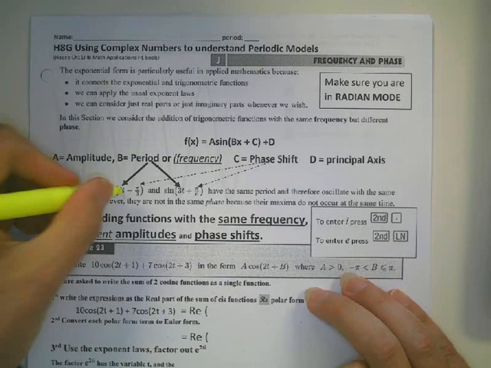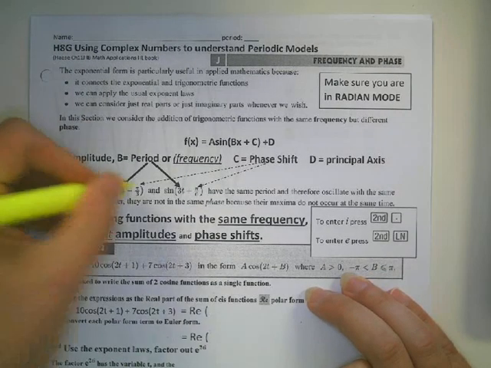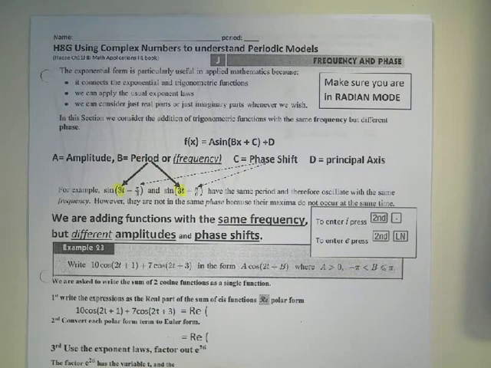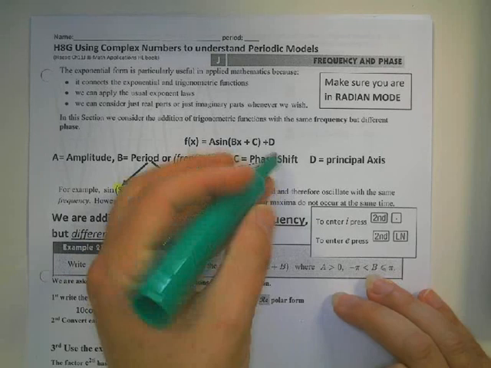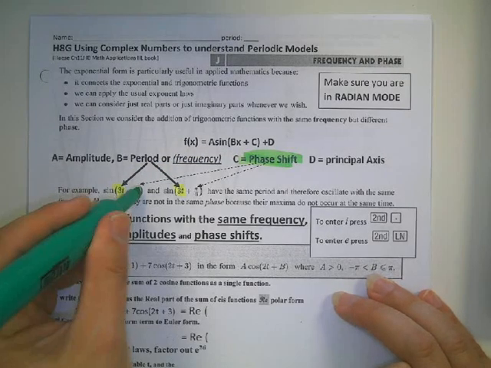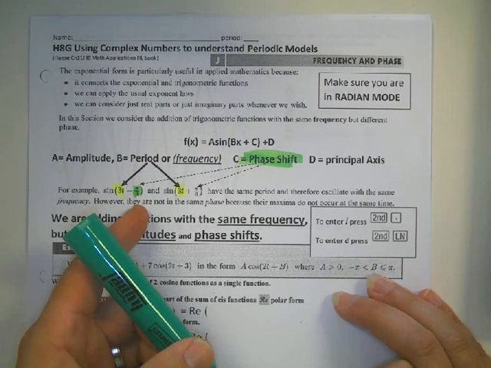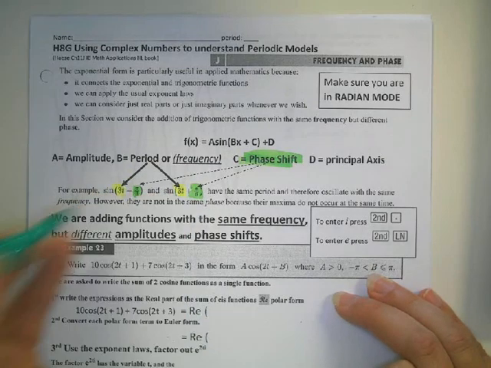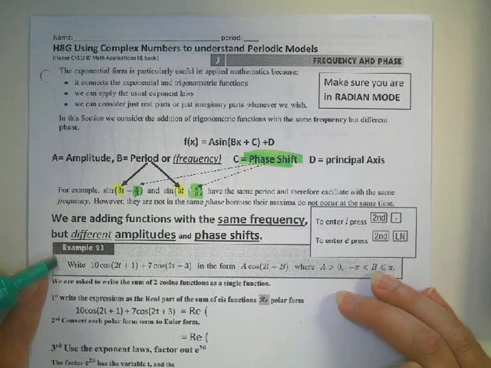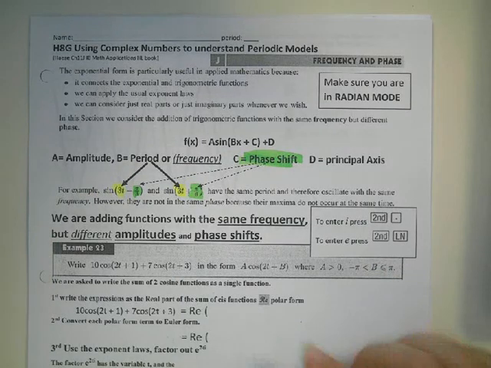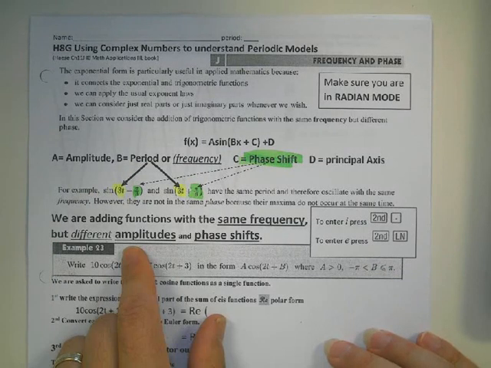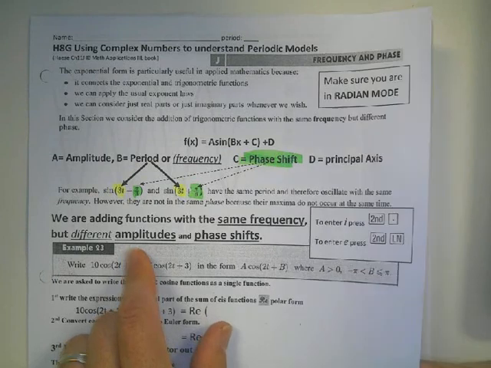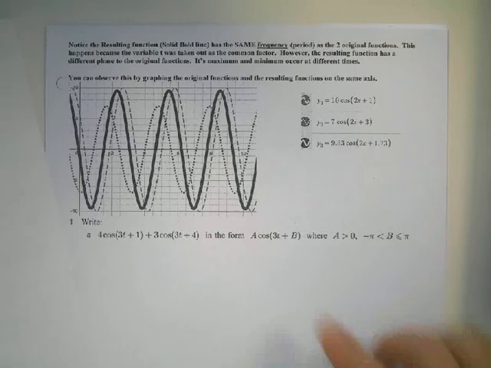This has a period of 3t, and this has a period of 3t, but the phases are different. So this is shifted pi over 3 to the right, and this is shifted pi over 6 to the left. And we're going to be showing how to add those together. In addition, our amplitudes are going to be different too. And this is the result of the answer.